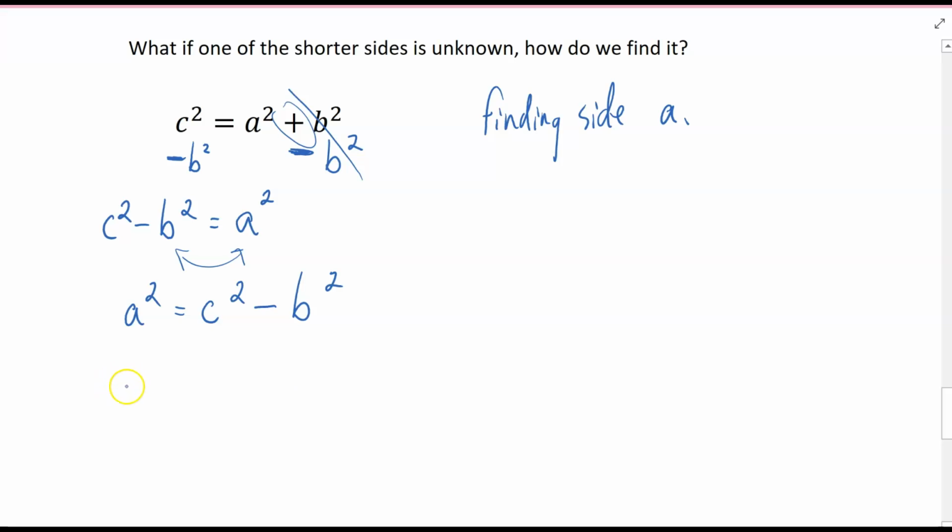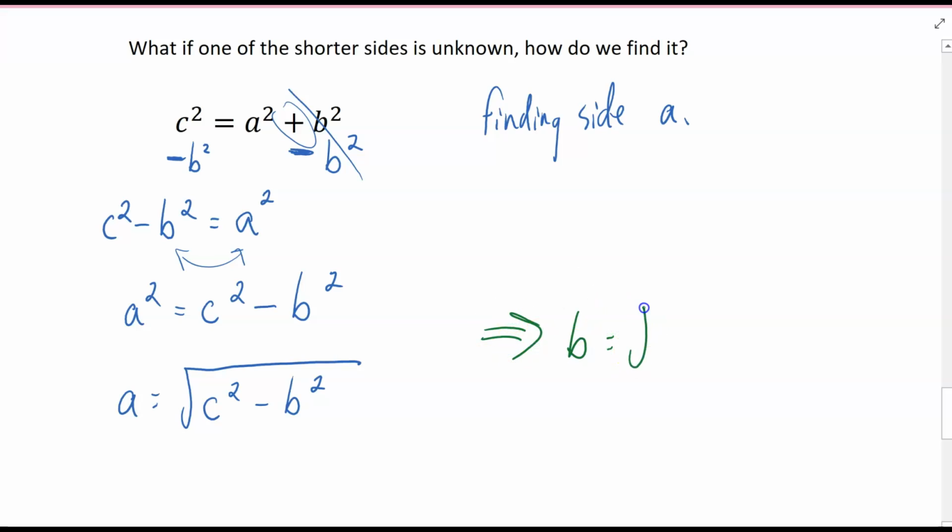All right, so then a is equal to the square root of c squared minus b squared, recognizing that I must do what's inside the square root sign first and then square root that number. Similarly, the algebra can be done the very same way to solve for b, which is the square root of the longest side squared minus the other shorter side squared.